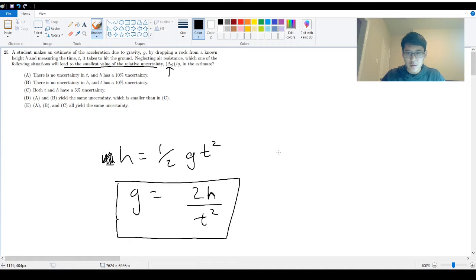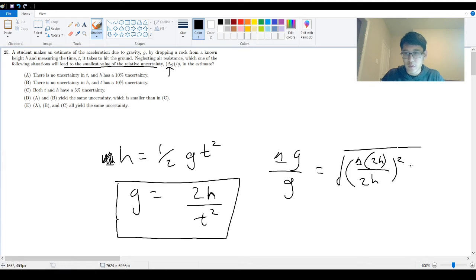So the relative uncertainty in g, which is delta g over g, if we recall our equations for uncertainty, since this is just a division, we have the square root of the uncertainty in the product 2h divided by 2h squared plus the uncertainty in t squared divided by t squared squared.